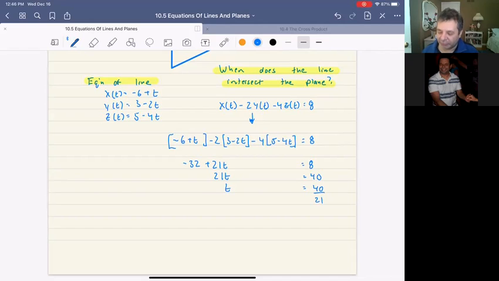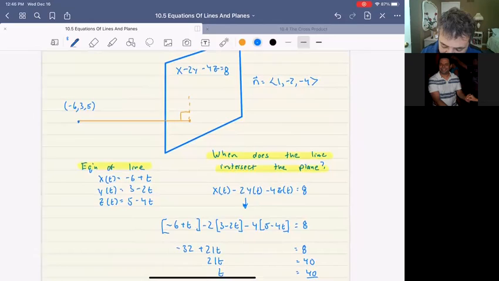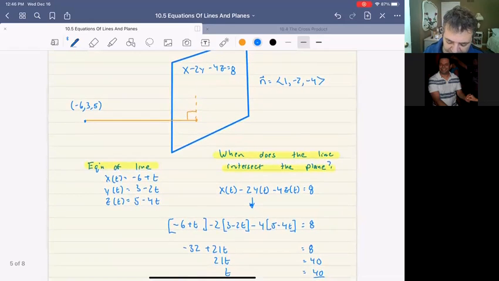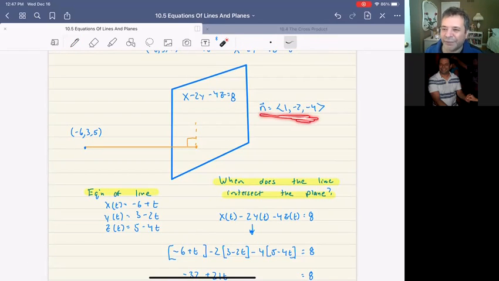That's the time. Now, here we're going to have to do a little bit of thought. Let's say that I am here and I move with this sort of velocity. After 1 second, I have moved along that vector 1 time.